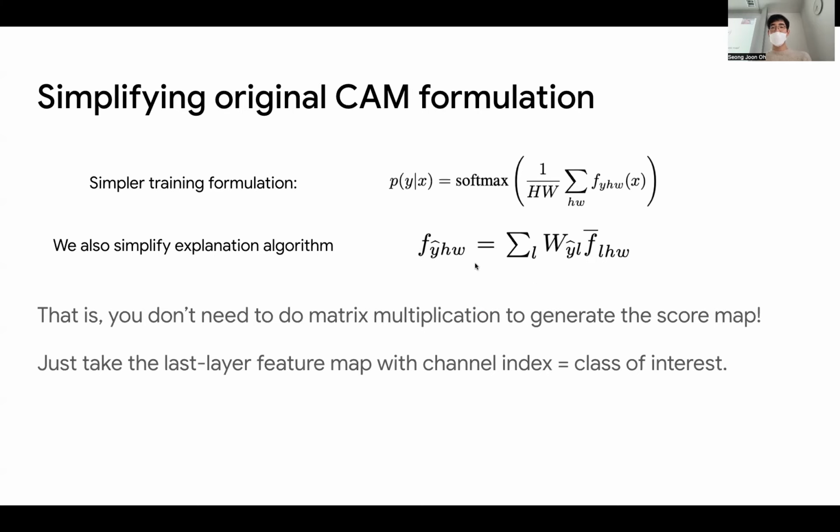Well, actually, that's the same thing as just taking the Y hat value from this new feature map that we are considering, right? So instead of doing this kind of linear computation twice, you just do it first during training, and then at test time, you simply take the value corresponding to the ground truth class of interest. And that's going to give you the CAM score map right away.